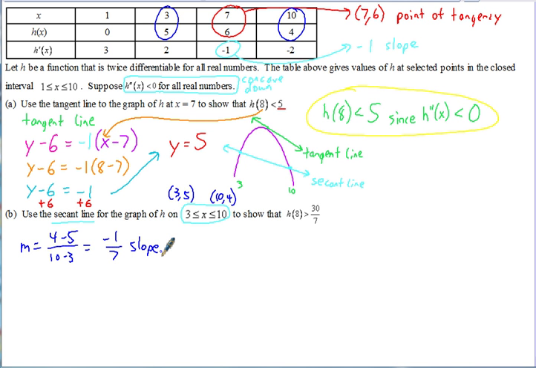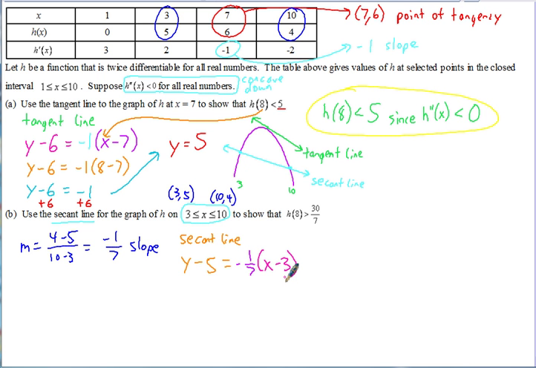And to write the secant line, we can use either one of these points. I'll use 3, 5, the numbers are just a little bit smaller, so I'll say y minus 5 equals the slope we just figured out, negative 1/7, times x minus 3.